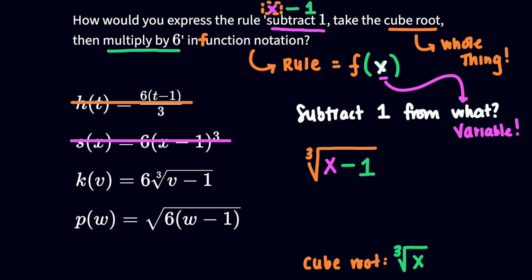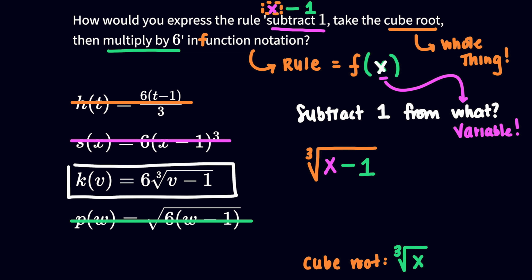For the third one, I do see that cube root, because there's the 3 in there. For the fourth one, I do see that they grouped the x minus 1. I do see a root, but is it a cube root? Nah. So right on here, we actually know what the answer is. The answer actually is the first one, but let's just finish it on out.